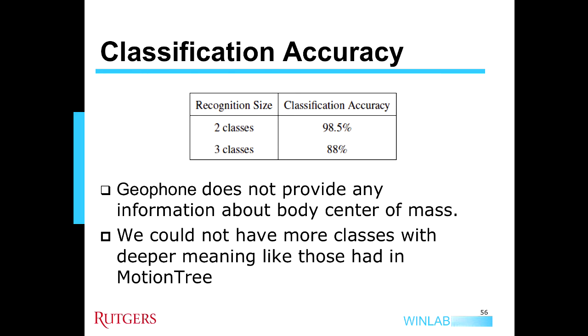There isn't any information about the weight, the distribution of the weight on the bed, and the direction from right to left, or from left to right. We just have 2 geophones that can detect whether there is higher oscillation on the lower half than on the upper half. That's why we have a very low accuracy when we increase the classes.